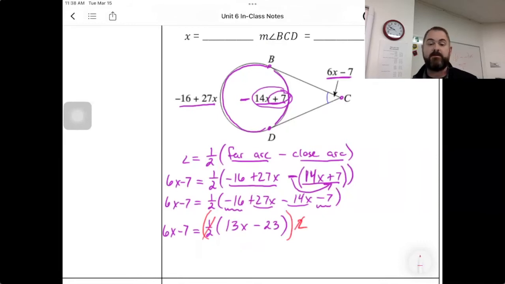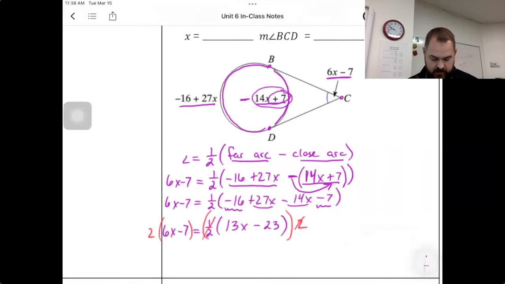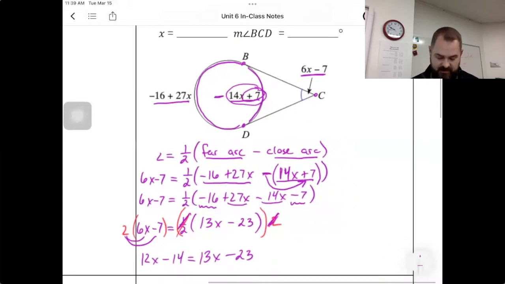And if I do times 2 to the right, I have to do times 2 to the left. On the left side, we distribute the 2 to both of those. 2 times 6x and 2 times minus 7 becomes 12x minus 14. But on the right side, you're not distributing anything anymore because the 1/2 and the 2 canceled. They're gone. So all I have left on the right-hand side is 13x minus 23.